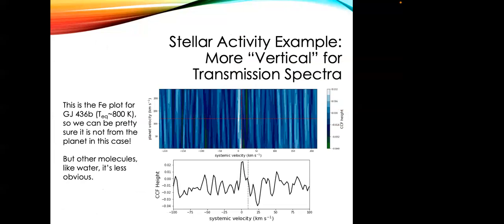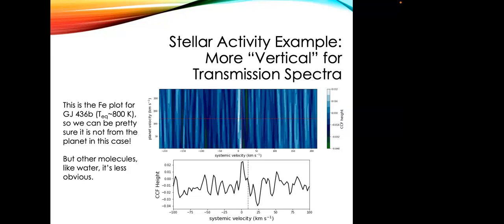Right. So I said we're much better at diagnosing stellar activity, and that's true, but we can't do it perfectly with high-res data. This is a case of iron in GJ436b. For planets around low-mass stars, the signal becomes more and more vertical as you go to smaller masses because the planet's orbital velocity becomes slower and slower, so you don't get the velocity spread.